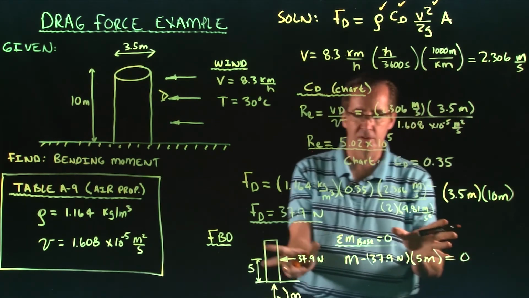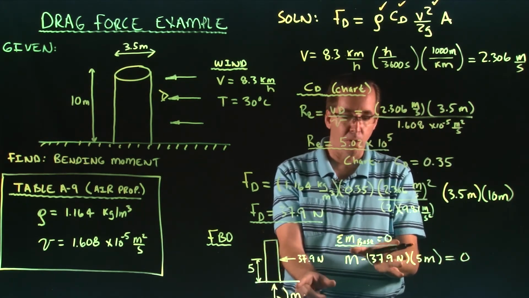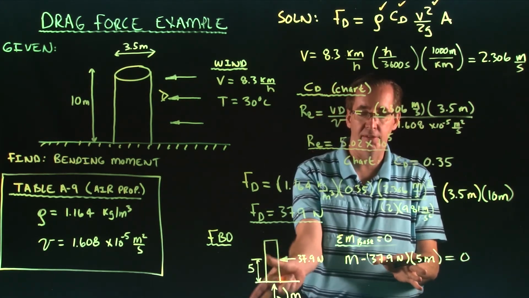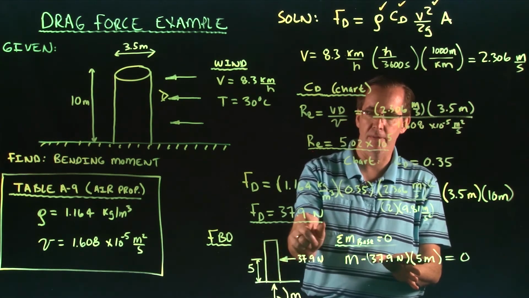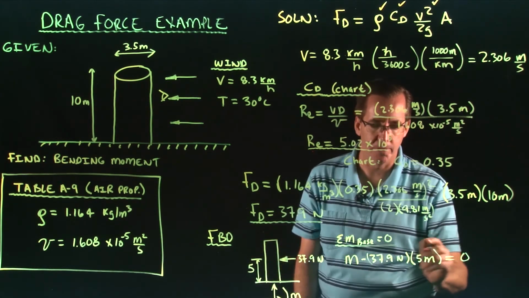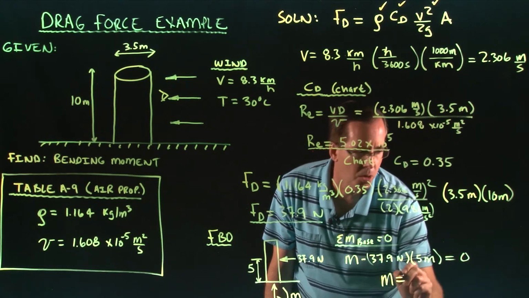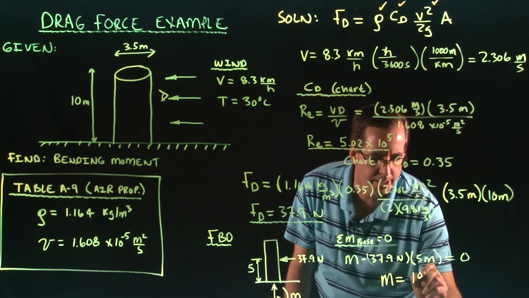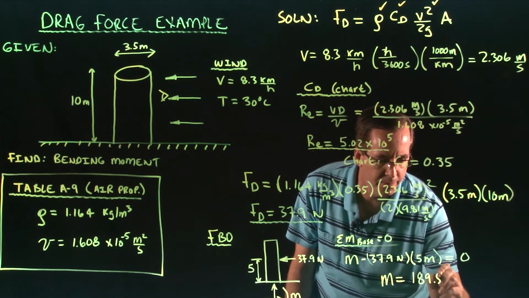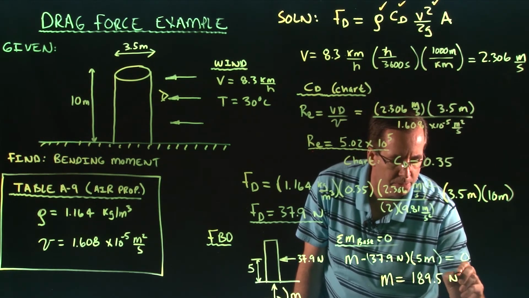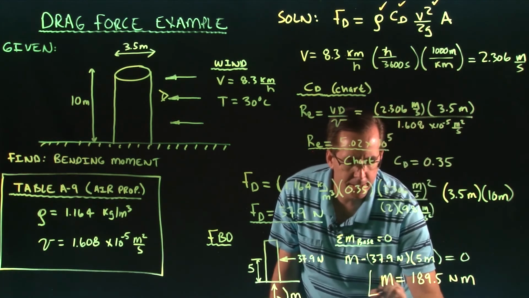This is basically the required resisting moment so that this silo wouldn't overturn when you have a force of 37.9 newtons. And we get a bending moment of 189.5, and the units on that would be newton meters. And I'll go ahead and box that in.